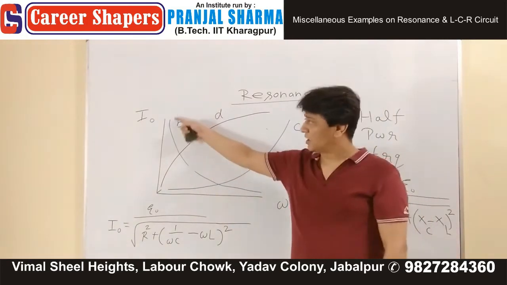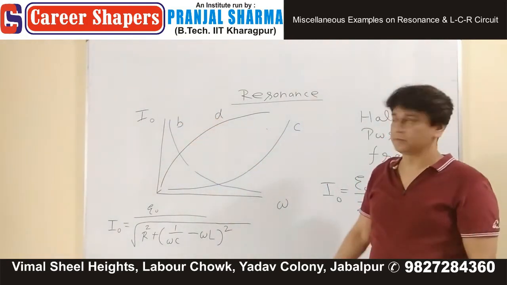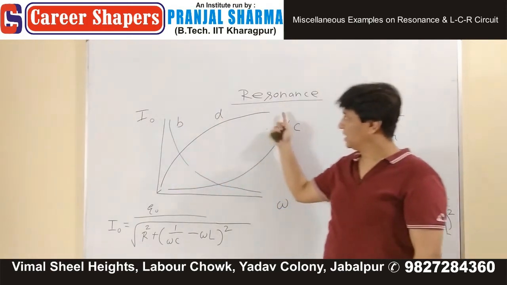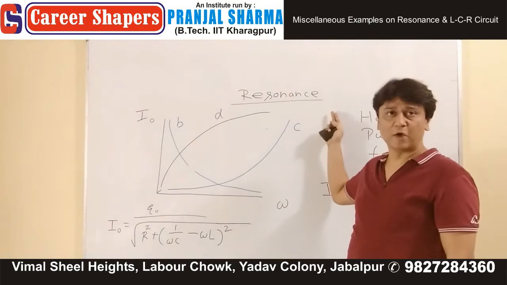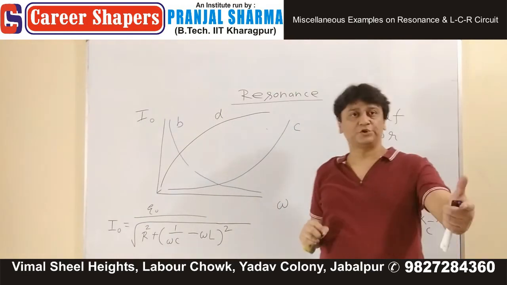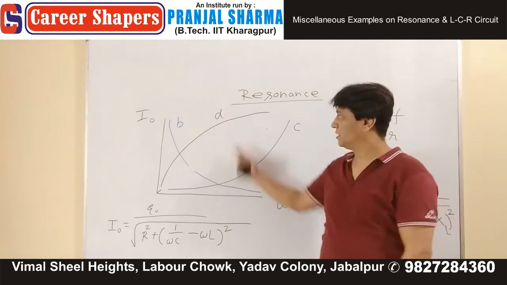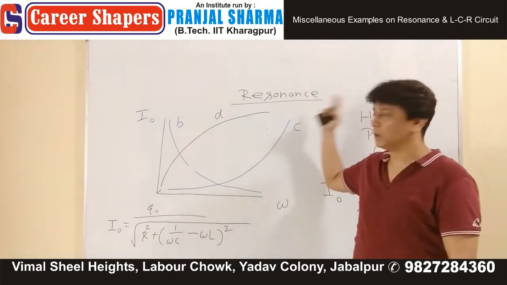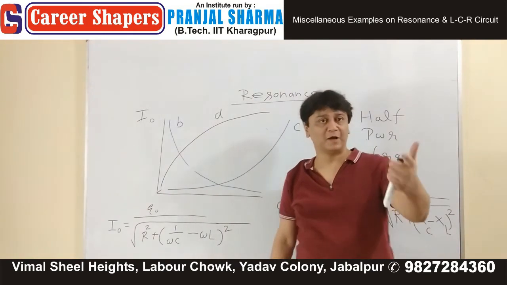Then this option B, it is continuously increasing and taking a saturated value, which I think you thought that this saturated value will take the maximum current. Peak value will become maximum.